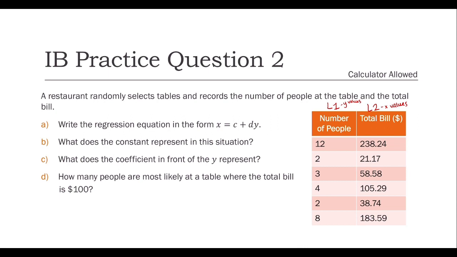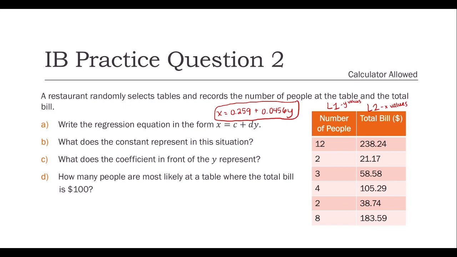Then when we hit enter, we can say that x equals, our c here is going to be our b value from our linear regression. So it'll be 0.259 plus our d here is going to be our a in our linear regression. So 0.0456y. So here's our answer to part A.